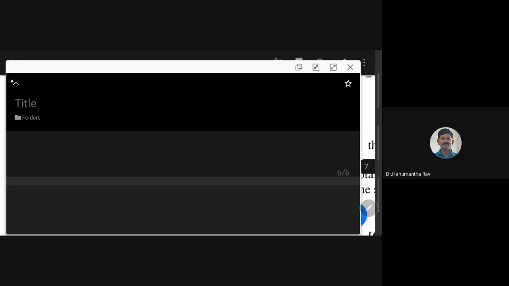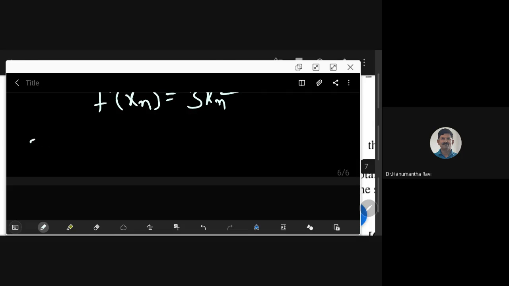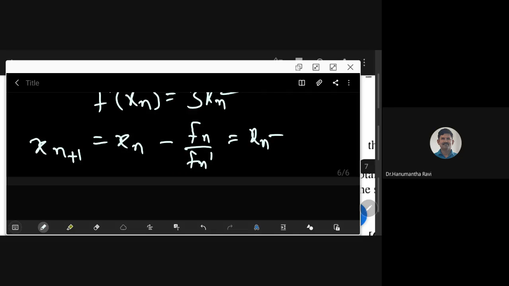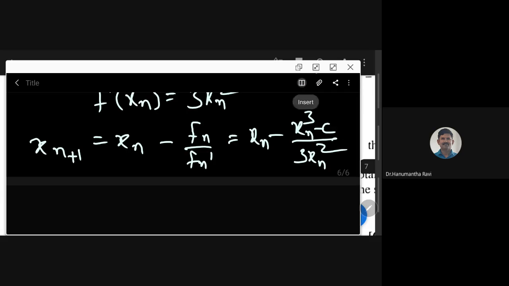So how can the approximate root be found? The approximate root can be found by xn plus 1 is xn minus fn by fn dash. So this is xn minus xn cube minus c by 3xn square. This is the formula. So this is the required answer.